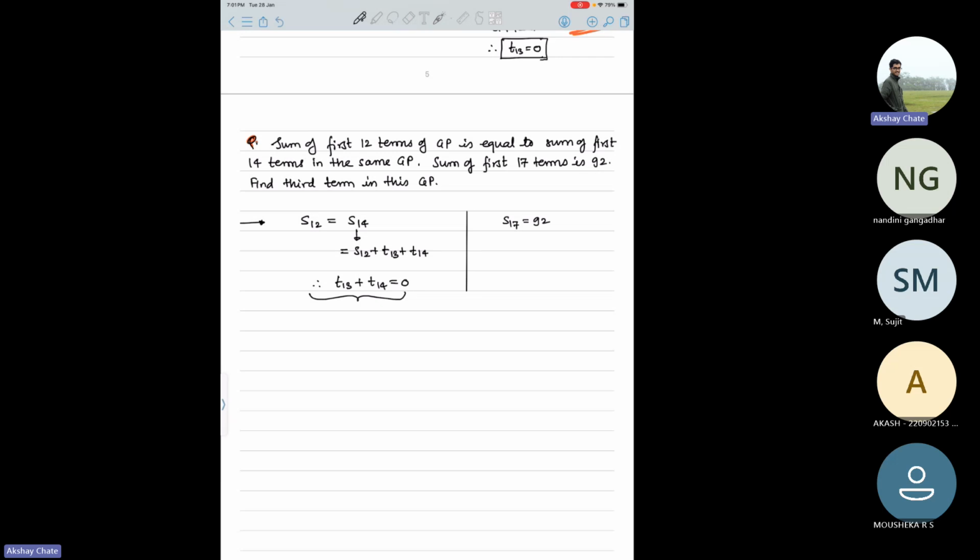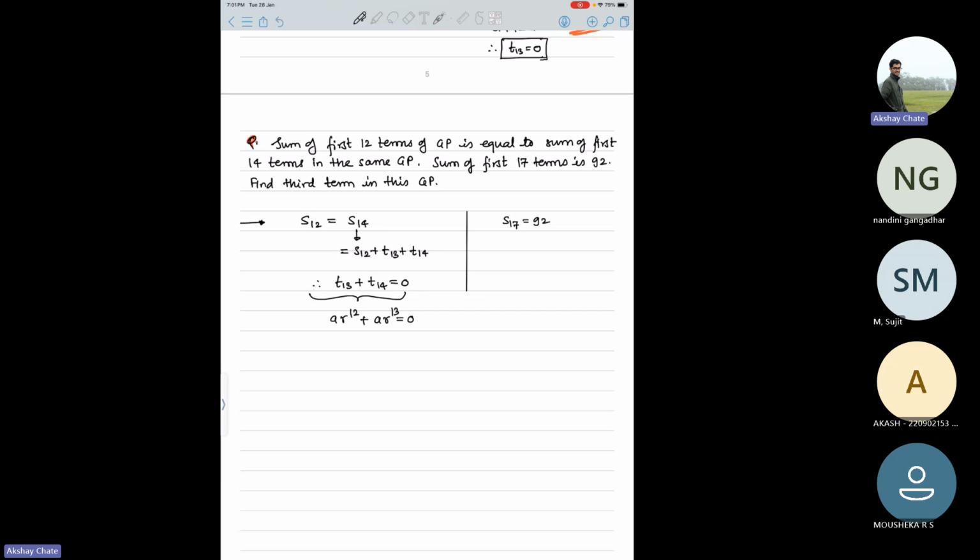So what is the meaning of this now? What will be T13? It will be A into R power 12 plus A into R power 13, right?